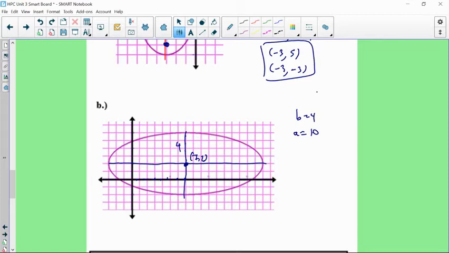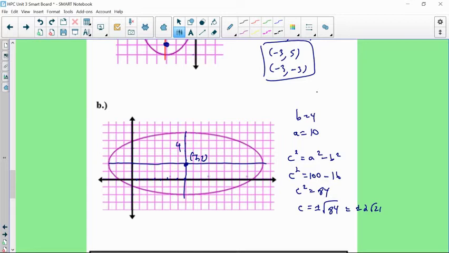So then I know that c squared equals a squared minus b squared. So c squared would be 100 minus 16. So c squared is equal to 84. So c is equal to plus or minus the square root of 84. That's the square root of 4 times 21, so that's equal to plus or minus 2 root 21.